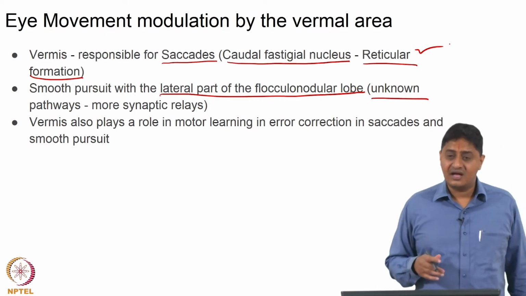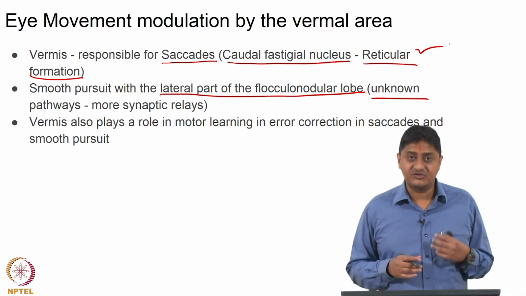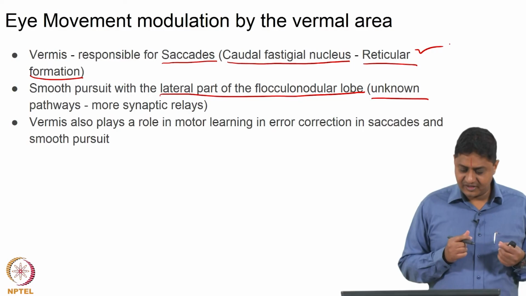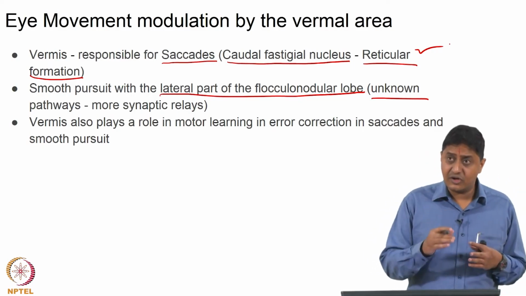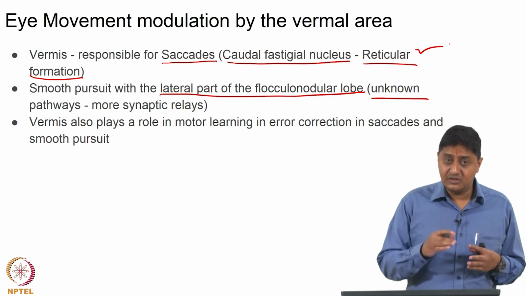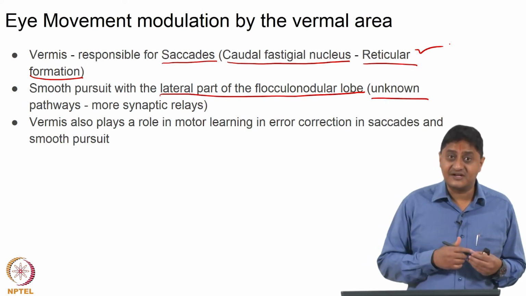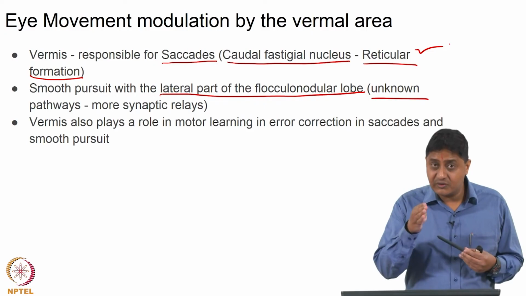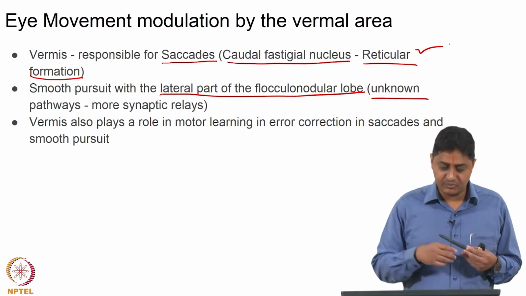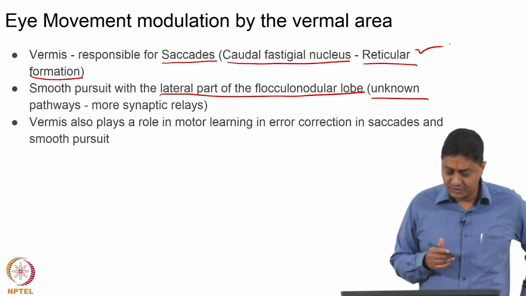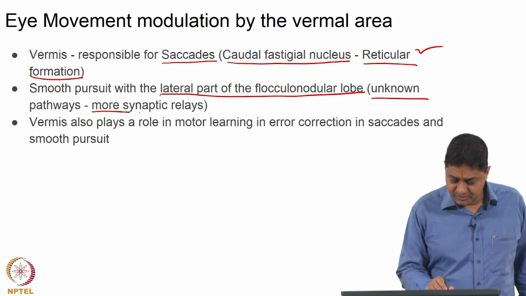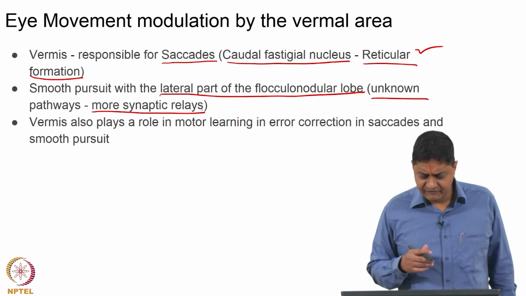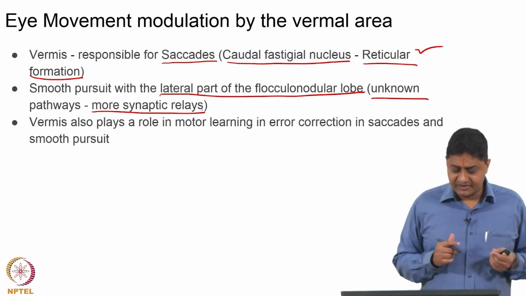So, saccades have a smaller number of synapses, whereas smooth pursuits have more, and that makes sense, right, because saccades are fast or sudden changes, whereas smooth pursuit involves moment to moment control, more smoother. The exact pathway continues to be elusive. We have not been able to identify that.